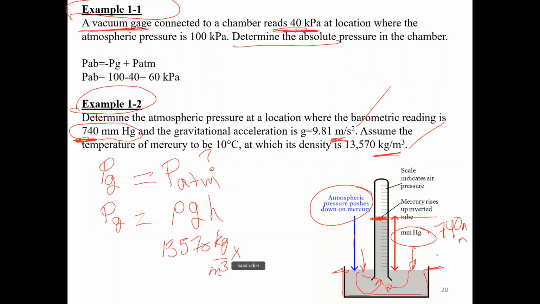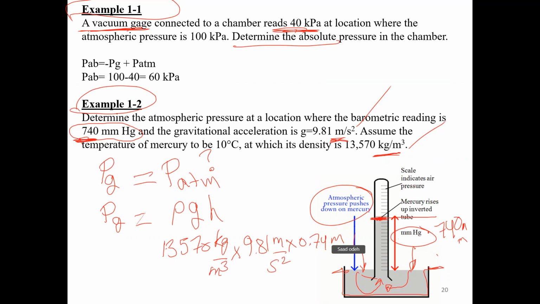And gravity, 9.81. And you can see also the units are meter per second square. And the last one is the height of the mercury, H. So H, if I want to change it to meters, 0.74, correct, 0.74. Thank you.